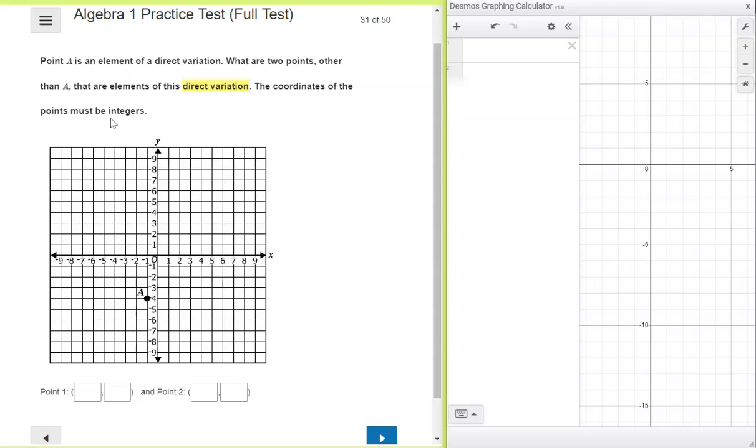So here, if A is part of the direct variation, another point you can pick is 0, 0, because it has to be that. This is not the only option, but I would say it's the easiest option right here.